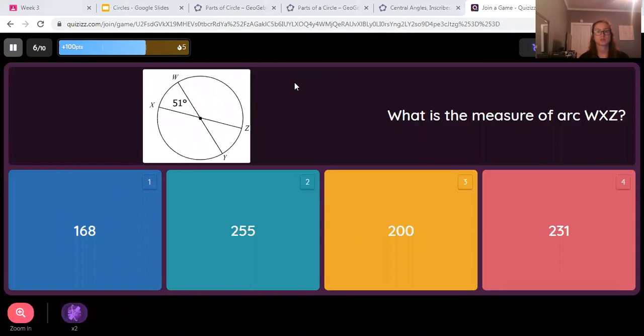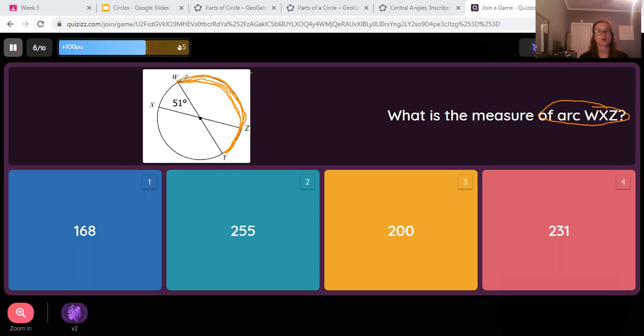All right, this one here is asking for the arc WXZ. So you go draw on it. Now, since this is online, you would need to draw this on your paper and kind of show yourself what you're looking at. Or you can kind of use the screen and just go from point to point with your finger to try to figure out what it's asking for.